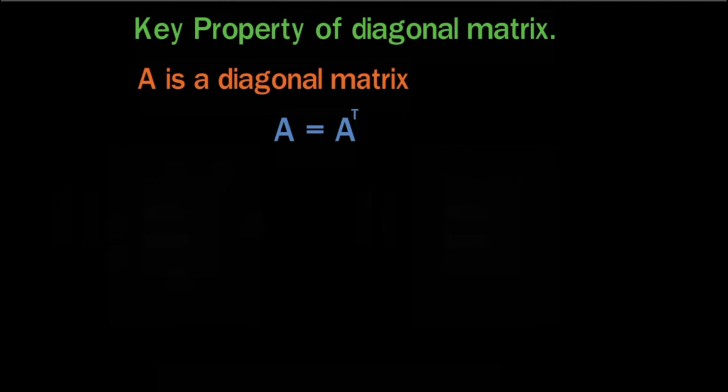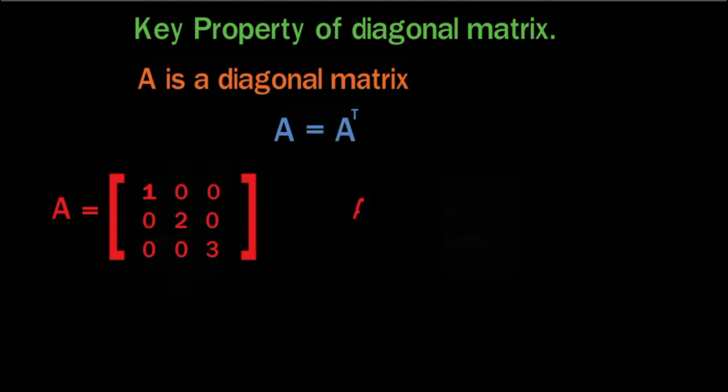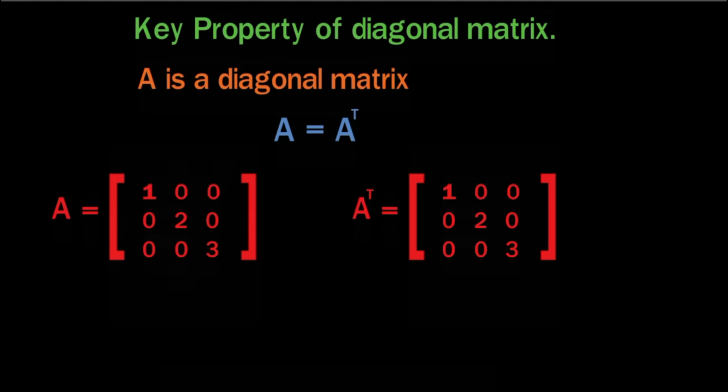For example, let's say we have the matrix A, which is 1, 2, 3 on the diagonal, and this is a diagonal matrix. Let's say we want to transpose this. When we transpose, we know that the answer will be the same because it is a diagonal matrix, and outside the diagonal, all the elements are 0.